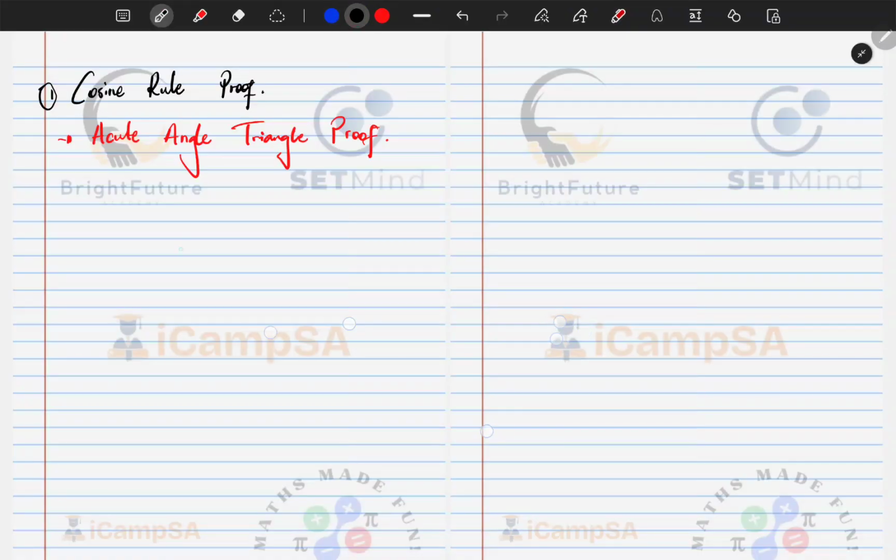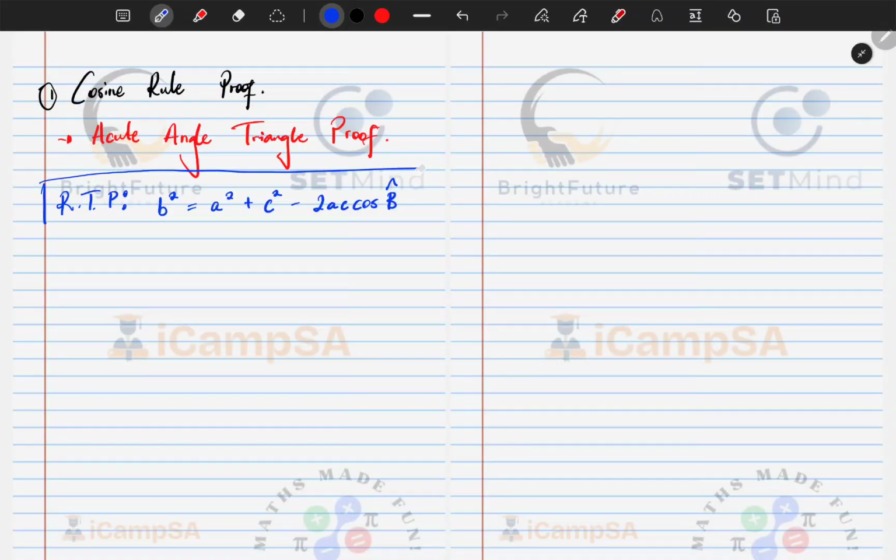Now let's draw the triangle, right? The most important thing is what we are required to prove. So the cosine rule says b squared is going to be equal to a squared plus c squared minus 2ac cos of angle B. This is what the cosine rule says, and this is what we are going to try to prove.